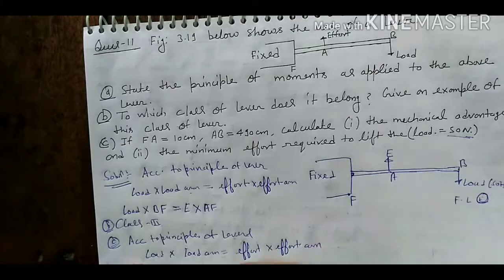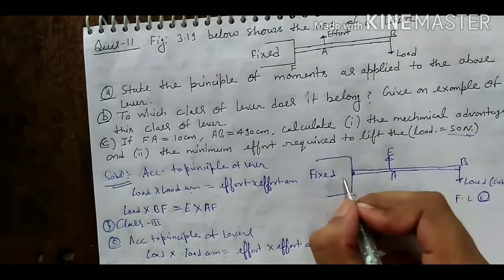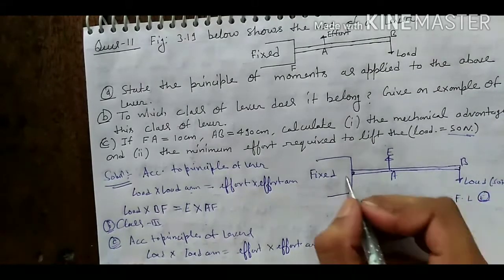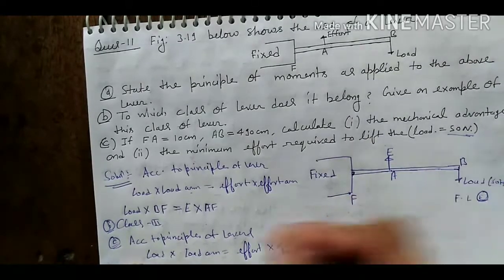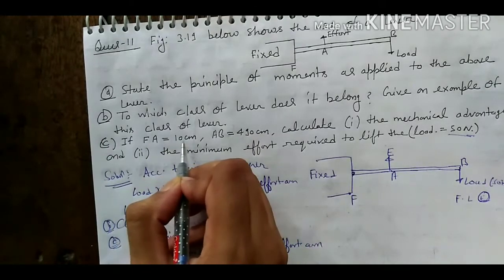Load is given 50 kgf, and load arm, the distance from fulcrum to load, is given in the question as FA. FA is 10 centimeter.